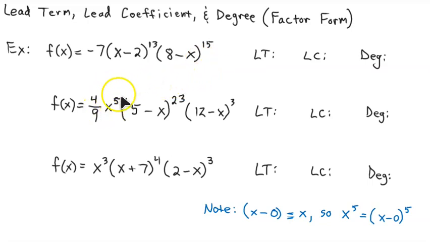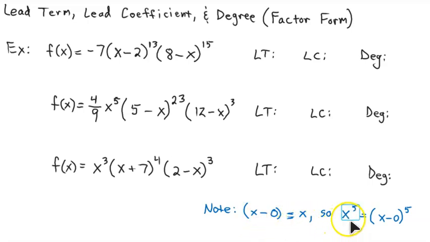Do you see on this problem and on this problem, we have an x by itself. We have x to the 5th power. It doesn't look like this. It's not inside parentheses. It is not a binomial. So I just wanted to show you down here, note that when you do x minus 0, you get just x, because anything minus 0 is itself. So x minus 0 is equal to x.